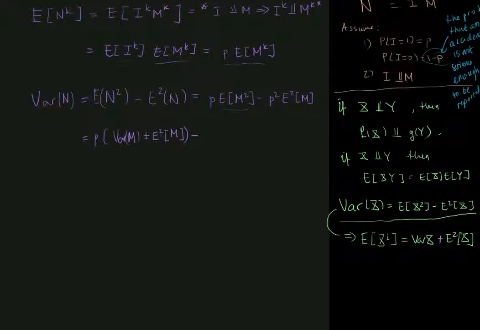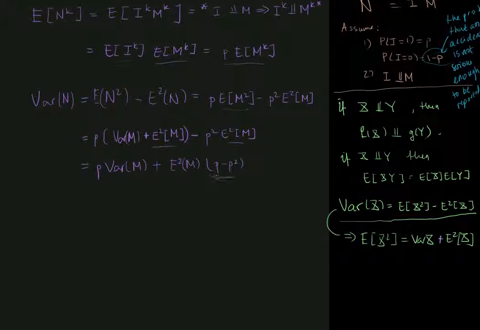So plus the square of the first moment of m, and then minus p squared multiplied by the square of the first moment of m. So I have two terms here that can be collected into one term, and what I'm left with is p multiplied by the variance of m plus the mean of m squared multiplied by p minus p squared.